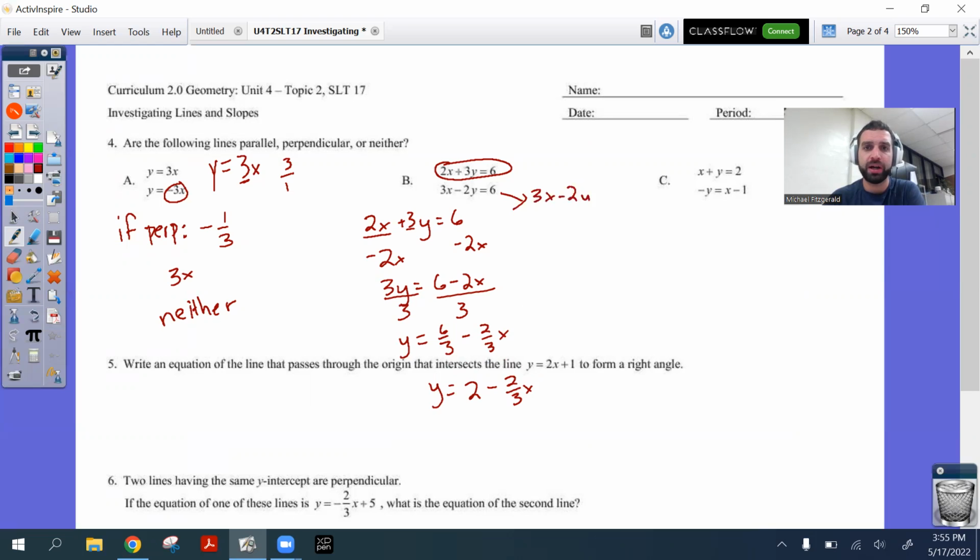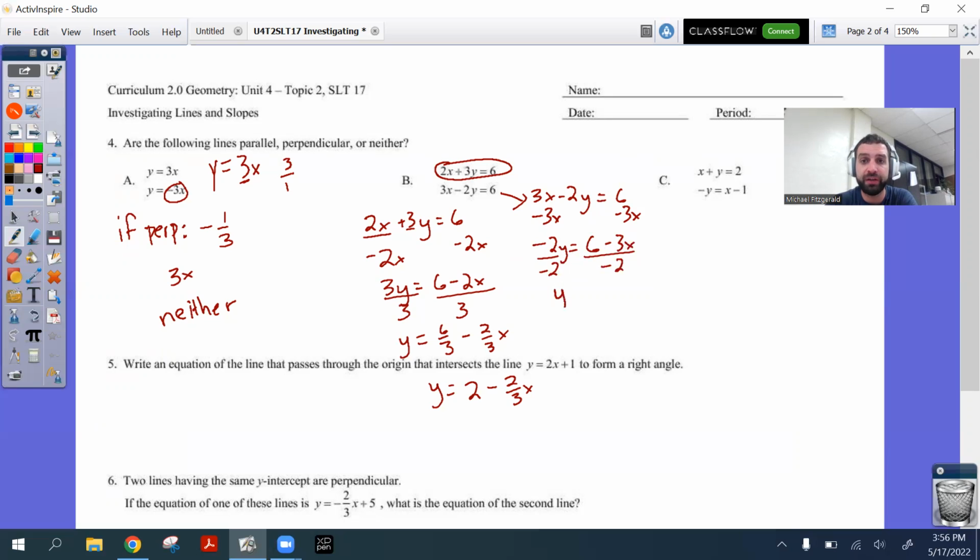3x minus 2y is equal to 6. Let's bring the 3x to the other side like we did earlier. We're going to subtract 3x. So we have negative 2y is equal to 6 minus 3x. Now I have to divide a negative 2 from everything.